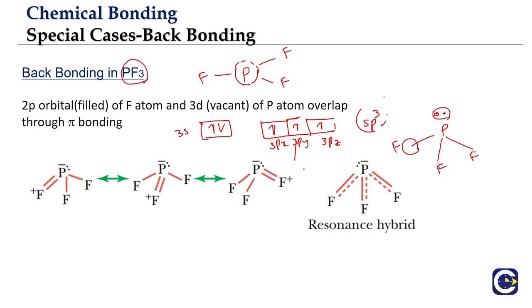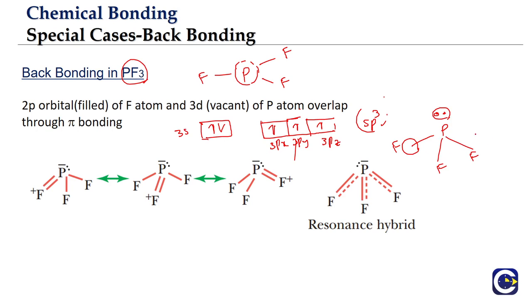But when we look at the experimental data, the phosphorus-fluorine bonds have characteristics intermediate between a single bond and a double bond. What is generally expected is just a single bond between phosphorus and fluorine, so that fluorine achieves the octet and the phosphorus also achieves the octet.